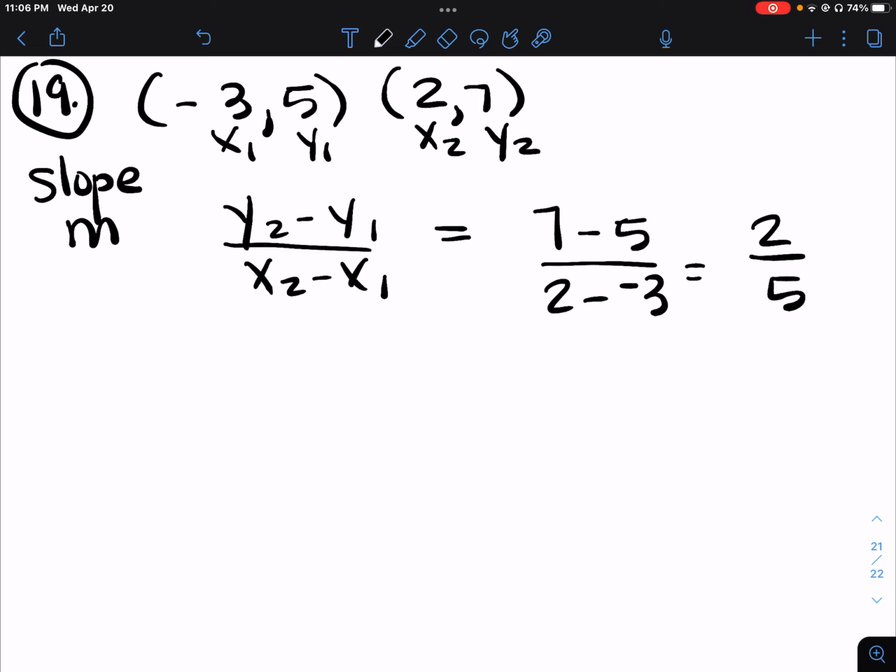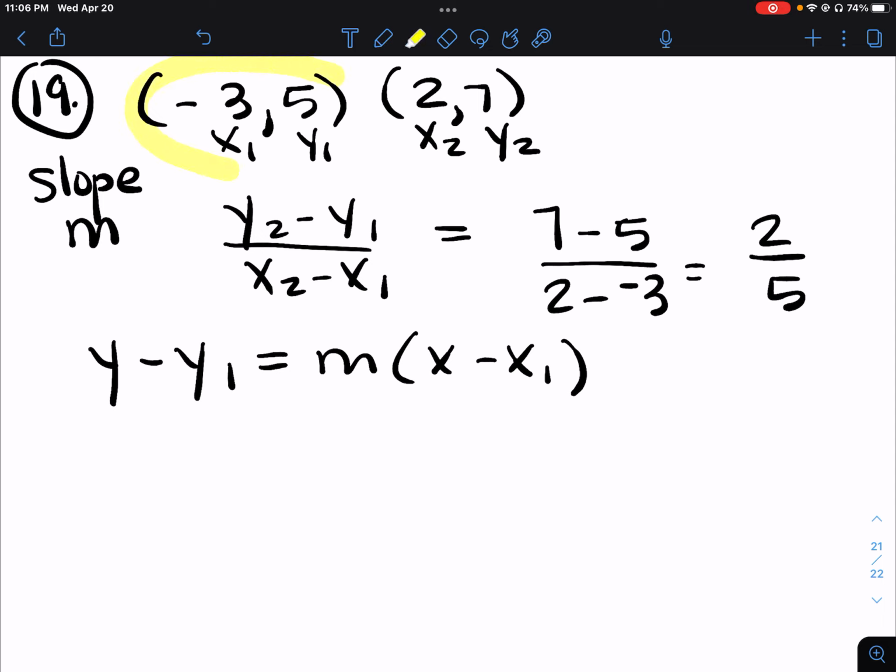So I'm going to use the formula y minus y1 equals m times x minus x1. This is my x1, y1, and this is my m, the slope. So y minus y1 equals m times x minus x1.